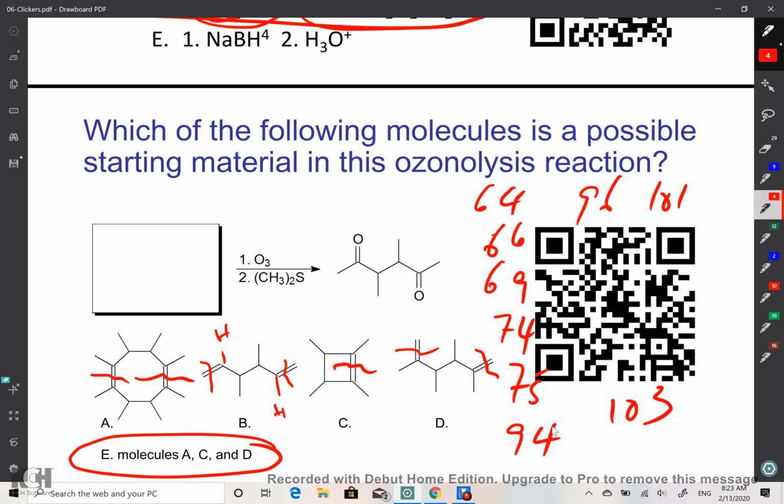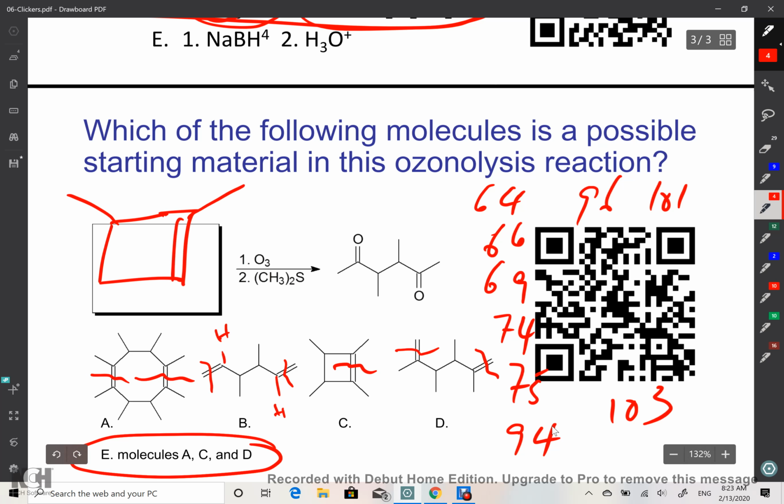Is there an easier way for us to see what it would form when you split it? Let's look at C, for example, because it's the easiest to draw. If I split this, I am breaking the double bond.